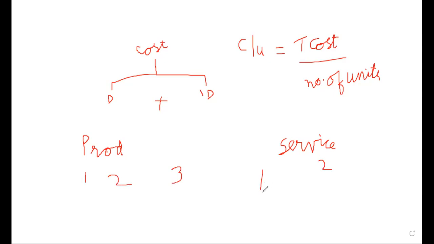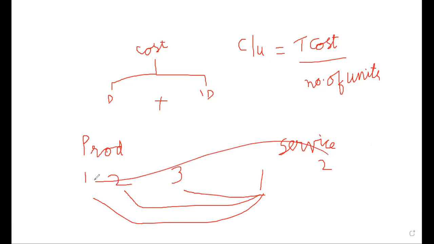All the cost which is incurred by a service department should be charged to other departments. Likewise, service department two's costs also have to be charged to one, then two, then three.